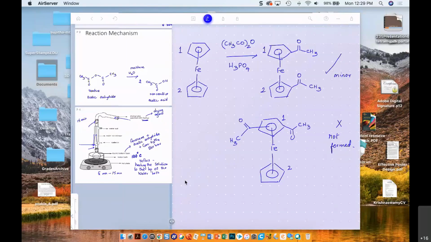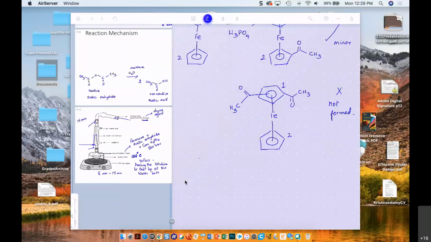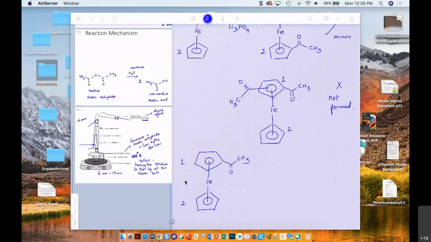Now, to answer this, I've got to draw the desired product. So I'm going to draw the desired product. Keep in mind, you can certainly draw this acetyl group on ring number 2. It can be on the top ring or bottom ring. That's just a flipped-over molecule, okay? Now, we look at the two rings.